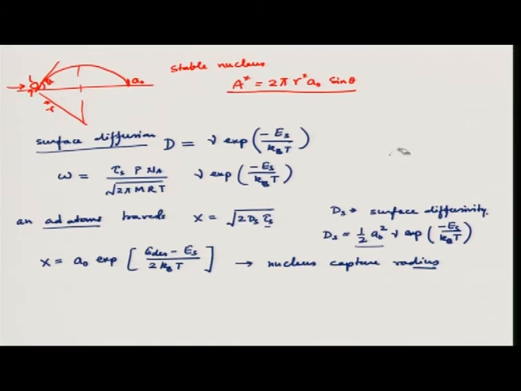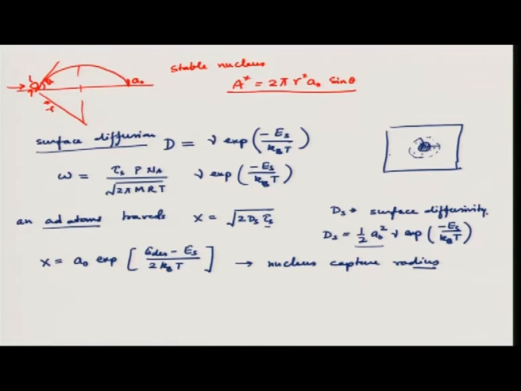If I have this top view of the surface and this is my stable nucleus, then from what area around it will it be able to capture atoms? If atoms are falling onto this, then only they will get attached to it. If they are falling outside this area, the nucleus is very far for them to travel before getting dissolved. So this is the area, or you can say this is the nucleus capture radius.